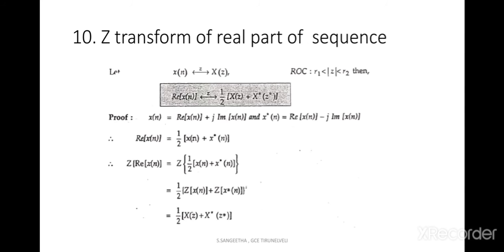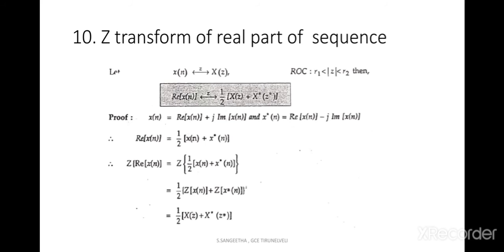Next we go to the property of the z transform of the real part of a sequence. For the real part, Re{x(n)} has the z transform 1 by 2 of [X(z) plus X*(z*)]. We have the real and imaginary parts of x(n).